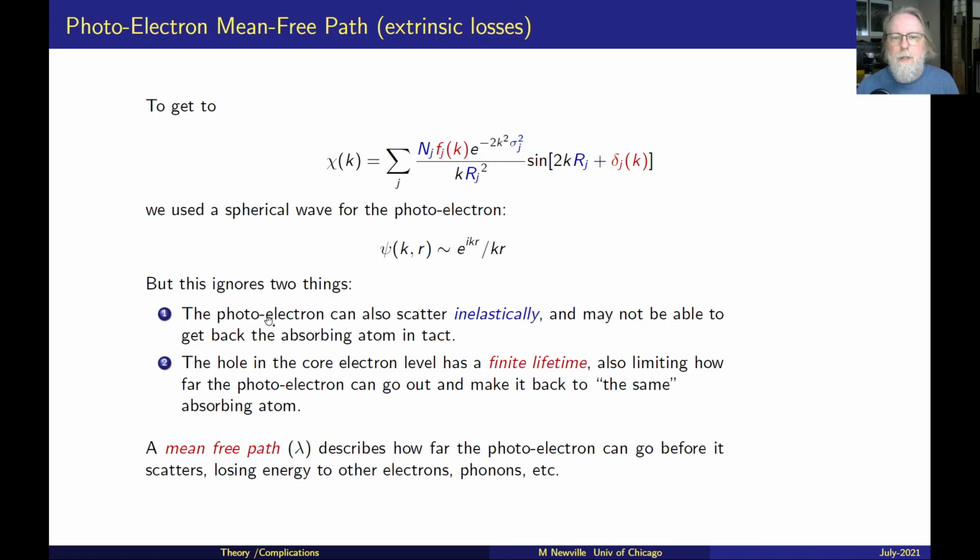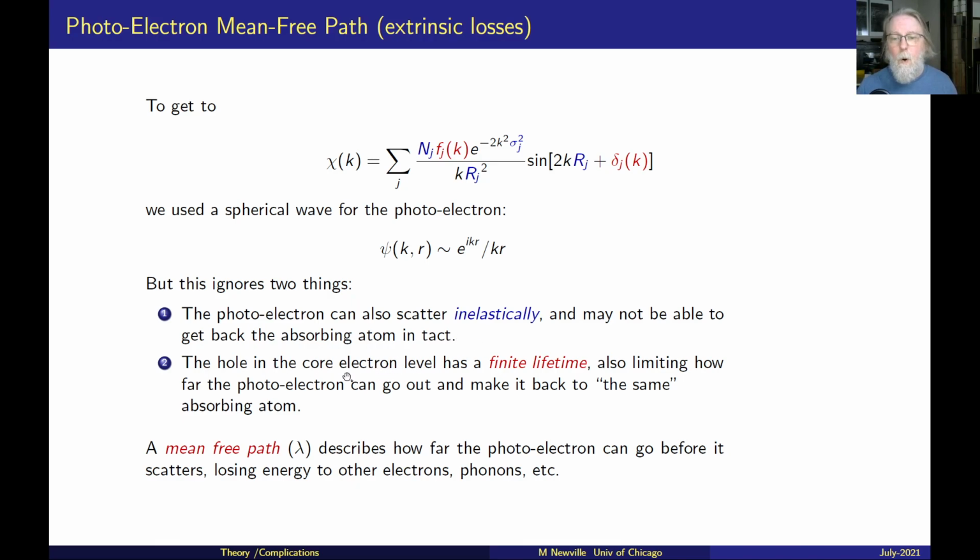First, it ignores that the photoelectron can scatter inelastically. That is, it may not be able to get back home to the absorbing atom intact and at the same energy. An electron of 100 eV moving in a solid will have a lot of other electrons that it can scatter from. Even slightly losing energy will be a loss of elastic properties.